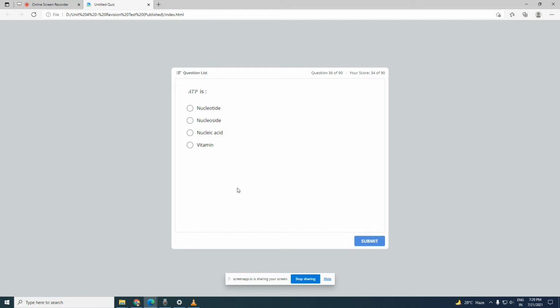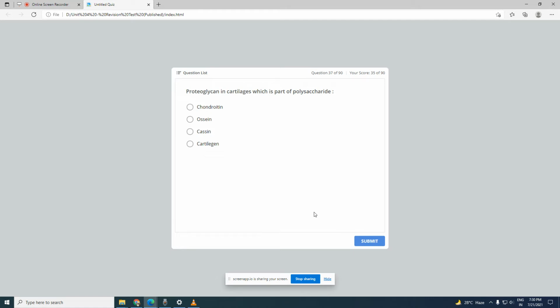ATP is it nucleotide or nucleoside or nucleic acid or vitamin? Which is the right answer? For the 36th question, ATP is the nucleotide is the right answer.